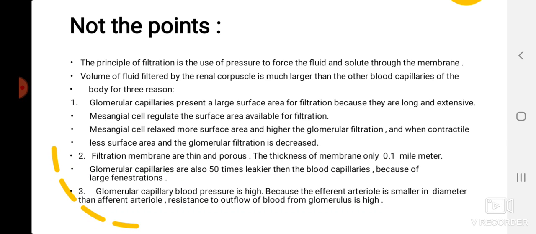The principle of filtration is the use of pressure to force fluid and solute through the membrane. So filtration of fluid is through pressure. If there is a change in pressure, the filtration of fluid will change. Okay, so these are the points we discuss one by one.